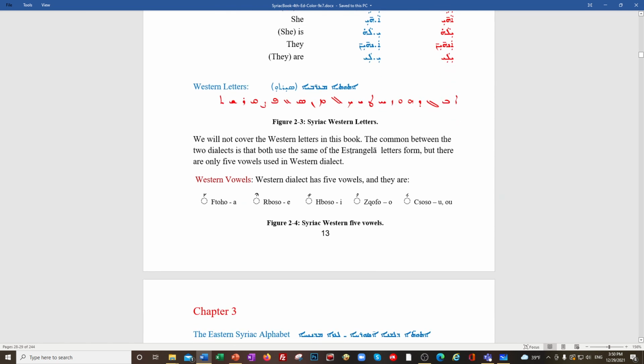The vowels, they reduce the vowels from 7 to 5, which means they merge the two closest vowels together into one. So two of those letters they merge with the other two, and that's why they end up with the 5. And these are the symbols. Do you see the circle with the dot? It means any letter.